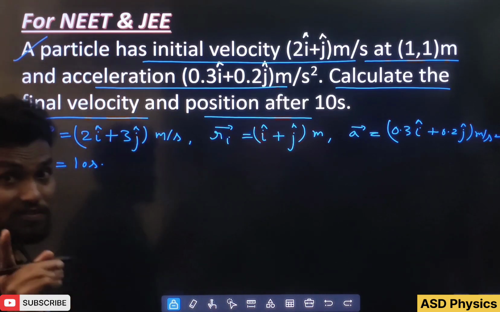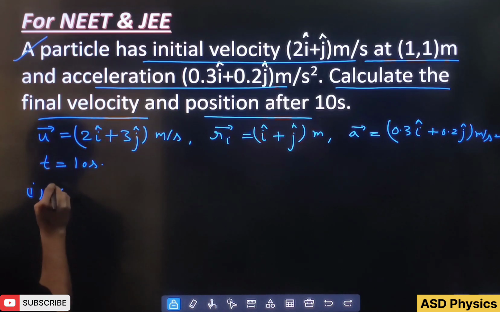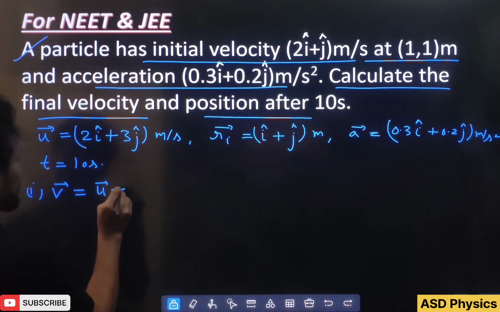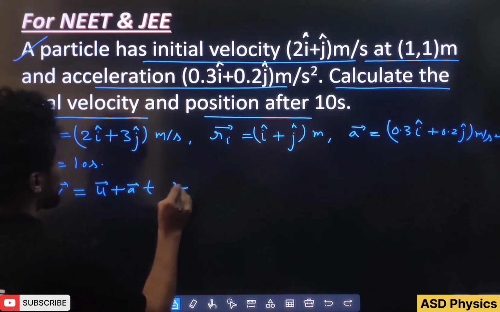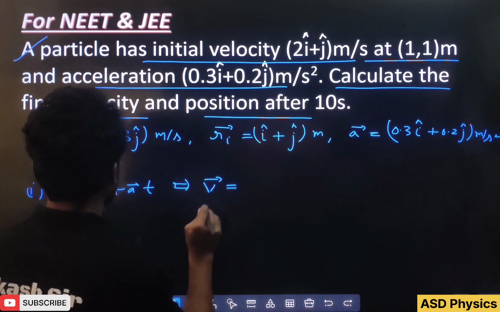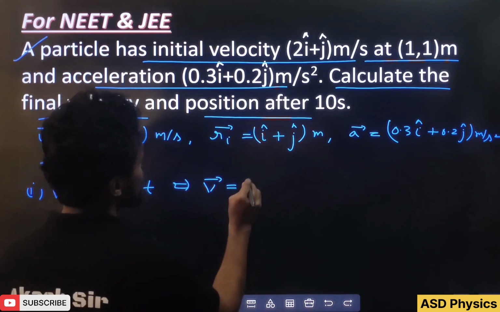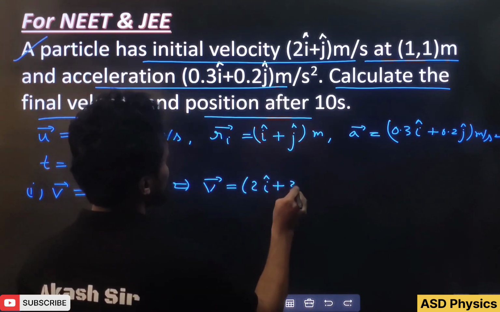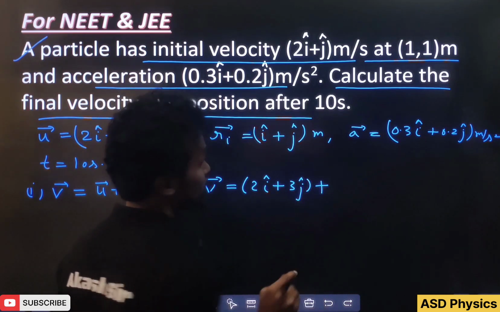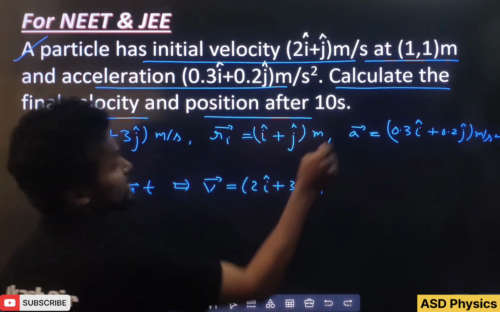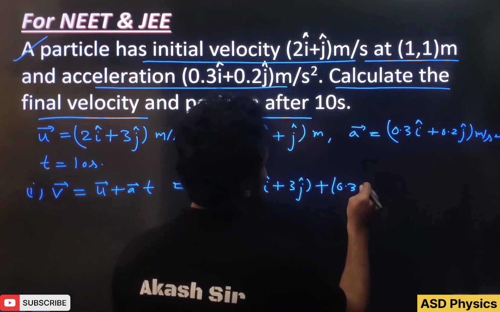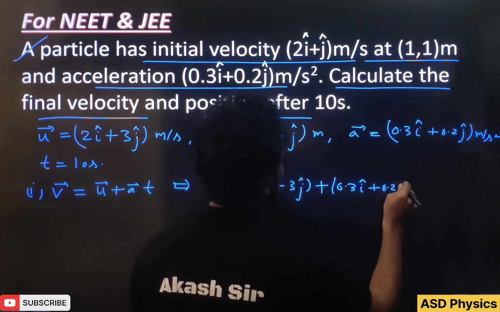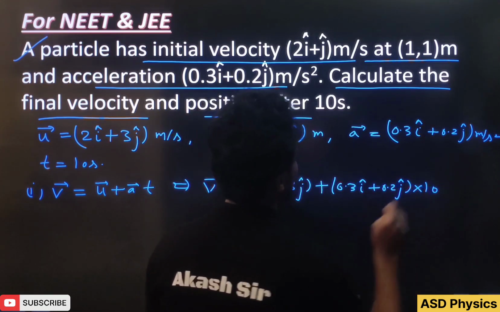Okay, so first we are going to see the velocity. Which formula do we know, students? v equal to u plus at. So here vector v equals u, put the value: 2i cap plus 3j cap plus acceleration 0.3i cap plus 0.2j cap, and kindly multiply with the 10.